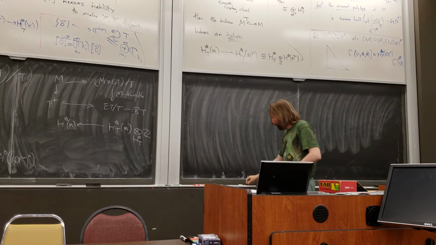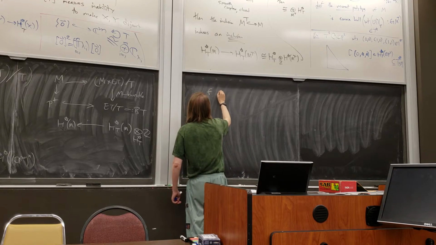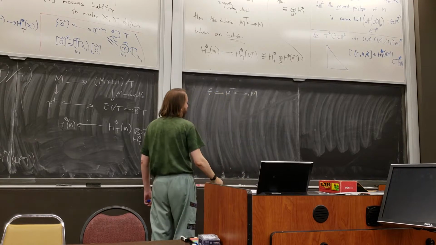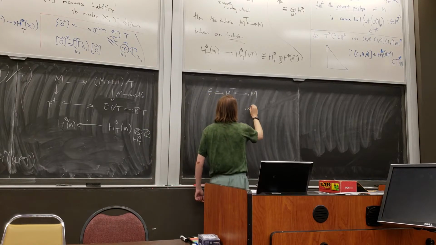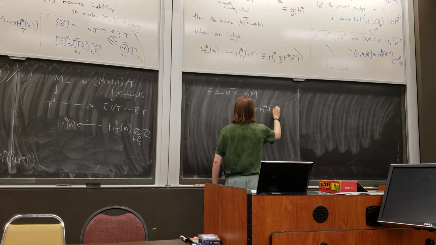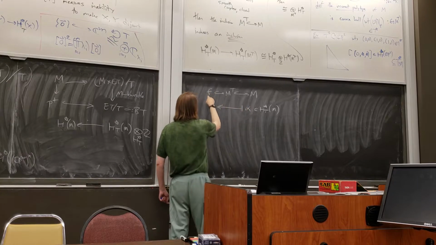Let me give you an interpretation of this restriction. I've got some point F living inside the fixed points, living inside the manifold, and I've got alpha, an element in the T equivariant cohomology of the manifold, and I can ask what happens when I restrict it to this point.